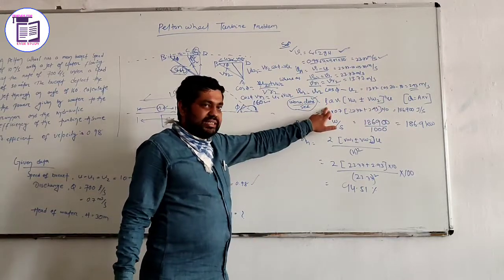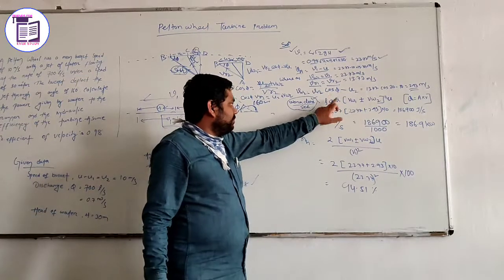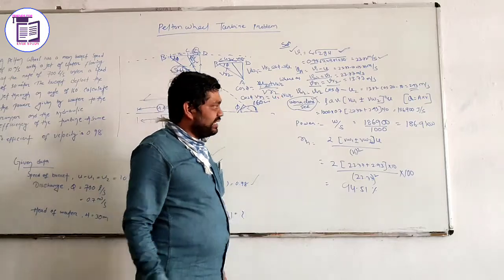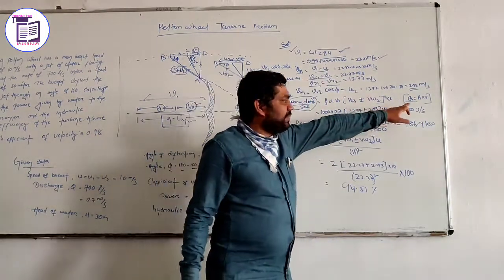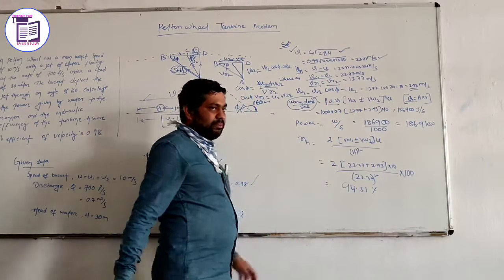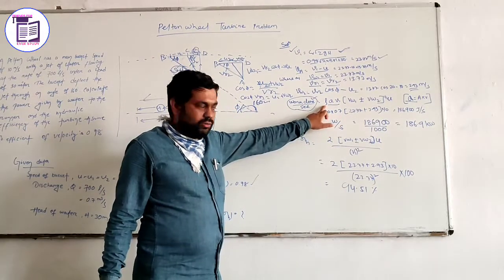Here rho is the density, A is the area, and V is the inlet velocity. But in your question the diameter or area is not given, but the discharge is given. The discharge formula is area into velocity. In place of area into velocity, you can put the value of discharge here. So A V1 you can put 0.7, and the density of water is 1000, all of you know.